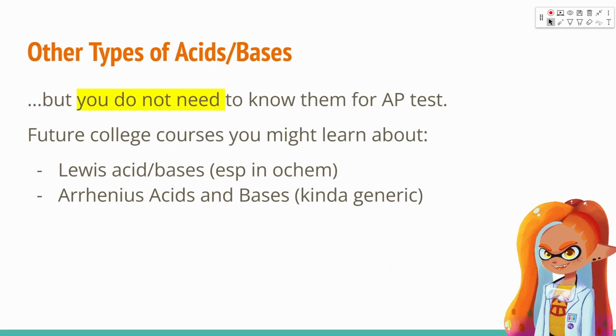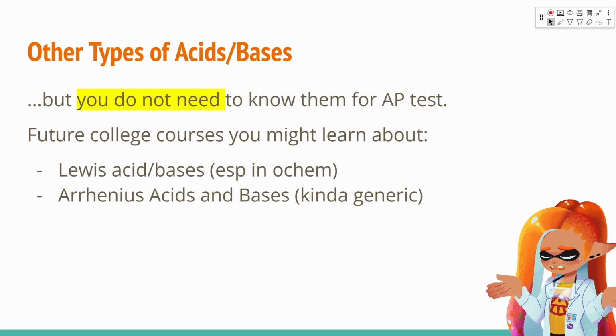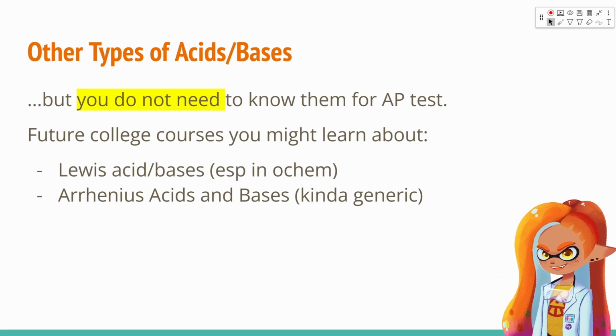Lastly, there's some other acid-base stuff that we don't cover in this class, and you do not need to know for the AP test. I honestly don't know why, because it's not even that big of a deal to know these, but whatever. So, anyway, in your future classes, if you do have to use acids and bases in some way, there are the other things.